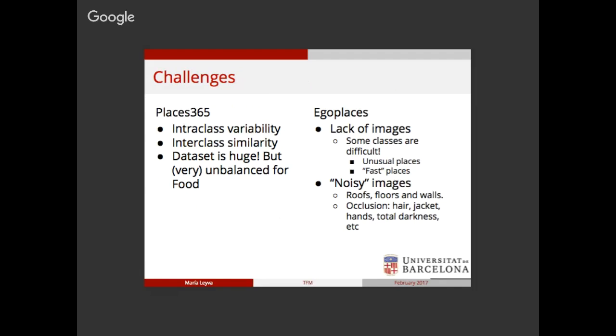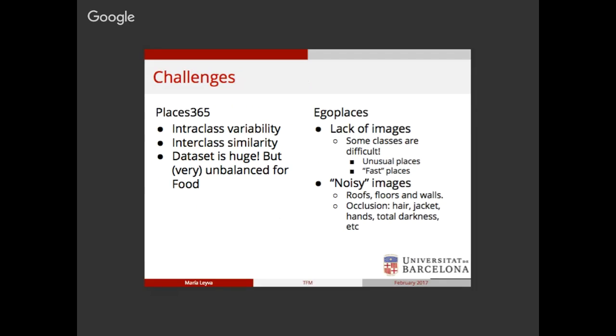Some challenges I'm facing here with places, especially food-related ones, is the intra-class variability: in the same class you can find very heterogeneous images. For instance, the class that we were unable to classify very well, cafeteria, has images that correspond to a cafeteria in a university, a restaurant, quite fancy ones by the way, a bar, a coffee shop.